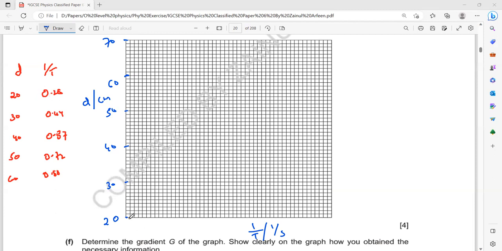The x-axis. Example, if I start with 0.2, because the minimum is 0.28 and the maximum is 0.88.